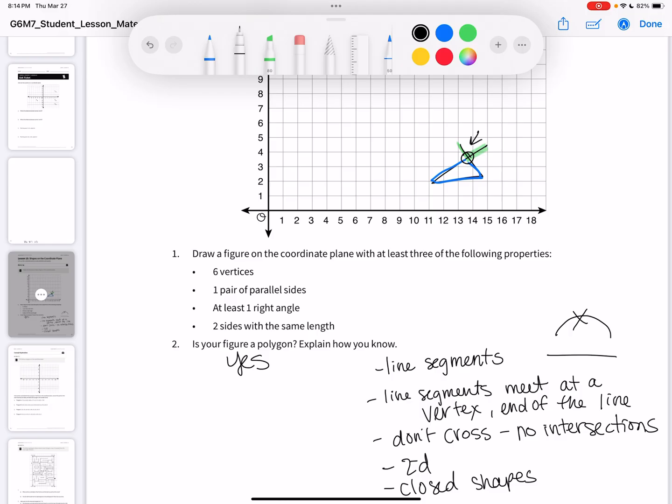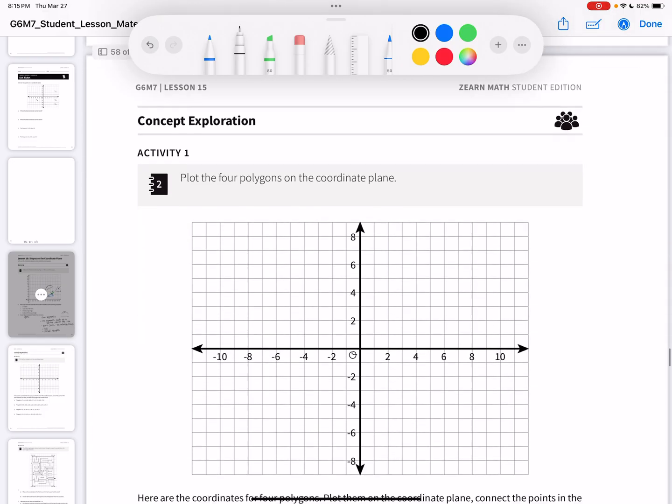So that wouldn't work. If I had anything like this, even though it's closed, we have a curved segment, which is not a line segment, right? If we had something like this, that won't work either because it's open, okay? It needs to be a closed shape. All right, let's keep going.